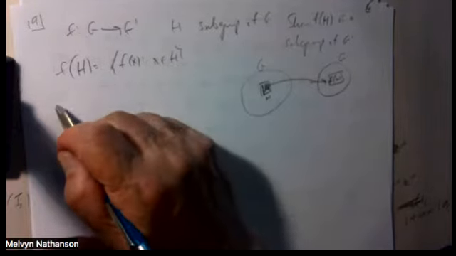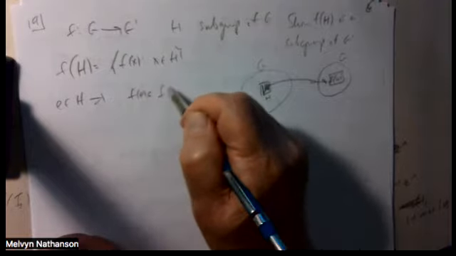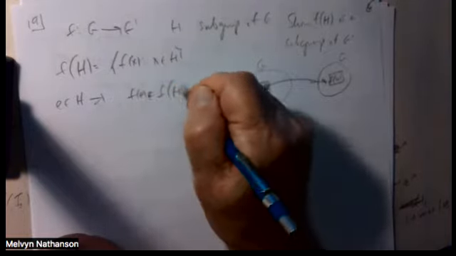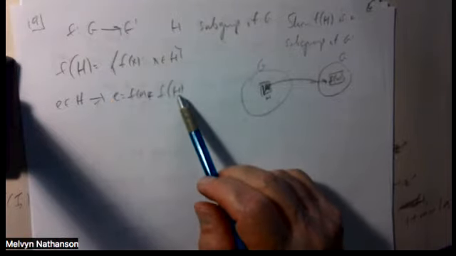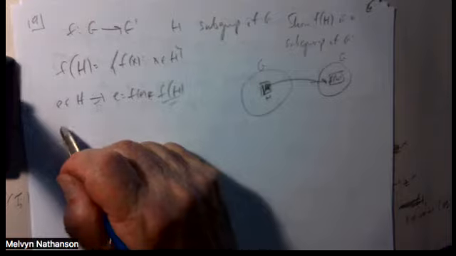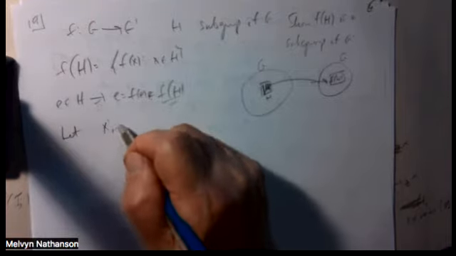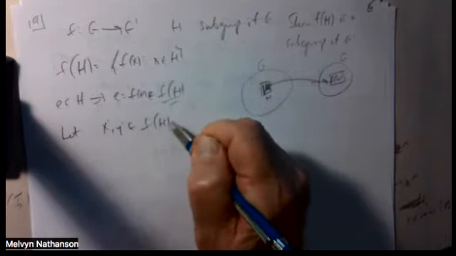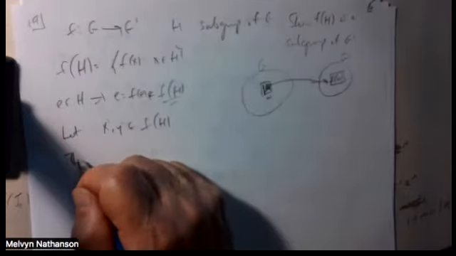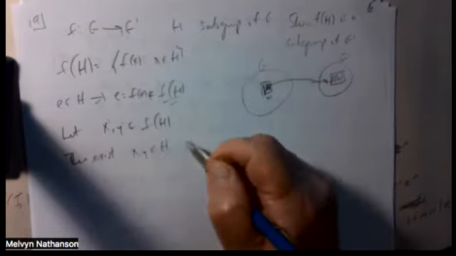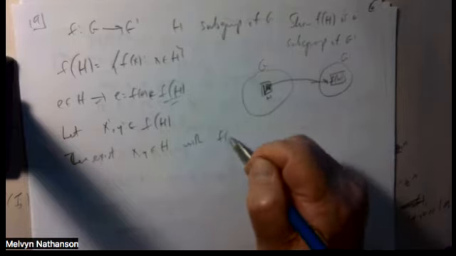So first of all, e is in H, and so f of e is in f of H, but f of e is the identity. So the identity is in this set. Suppose x prime and y prime are in f of H. What does that mean? It means that there exist elements x and y in H with f of x equals x prime and f of y equals y prime.